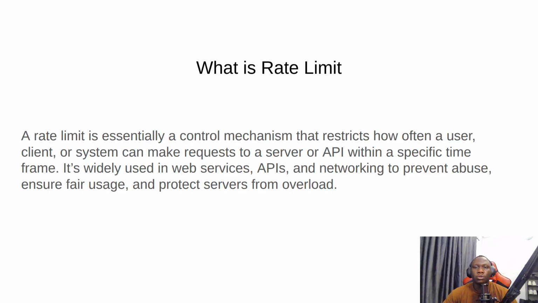Also, we can implement it by our API gateway. A good example is Nginx reverse proxy. However, the process is very complex, it takes time, so I won't cover that in this video. Hopefully in my subsequent video, I will create a topic on that. So in today's video, we'll focus on the DNS side and also on the app side on how to handle or implement rate limit on our service.